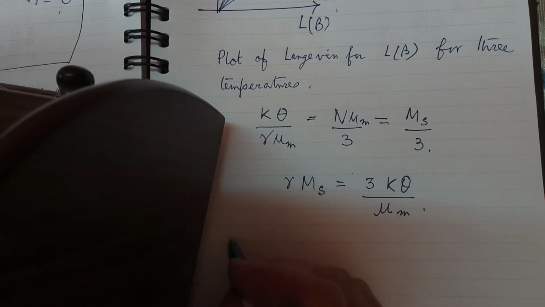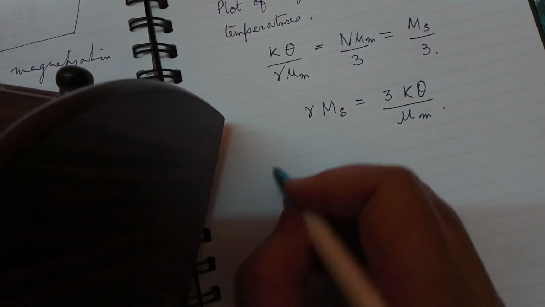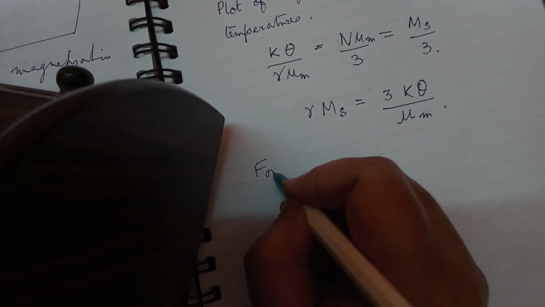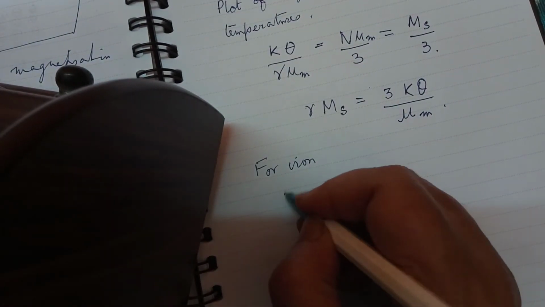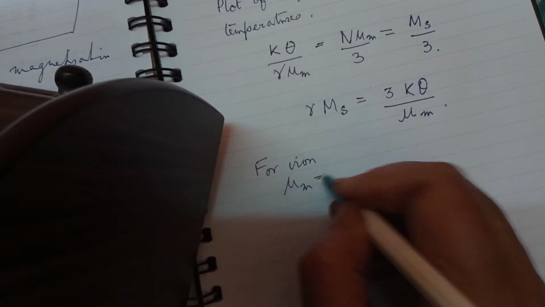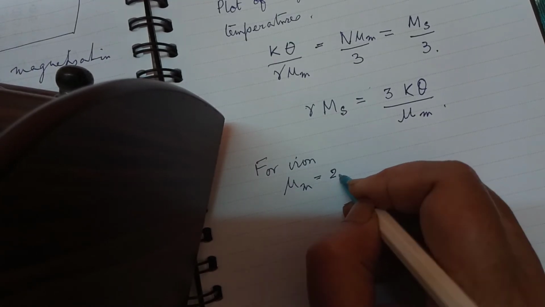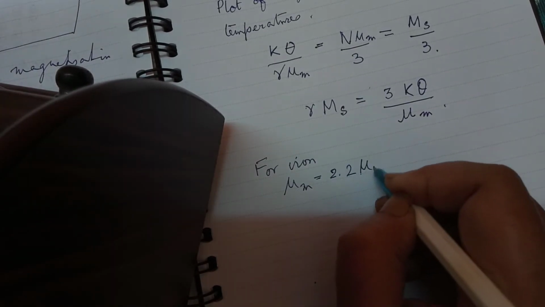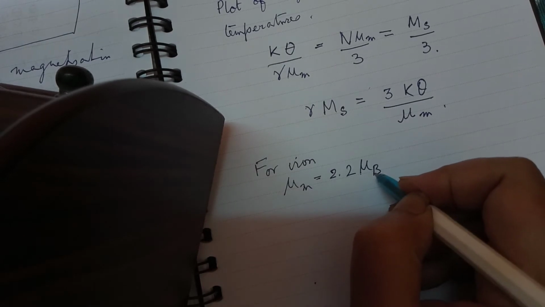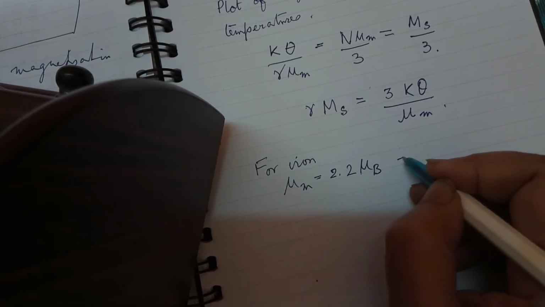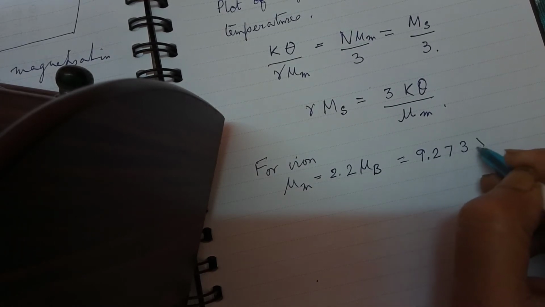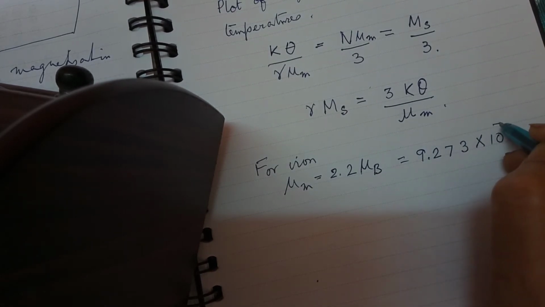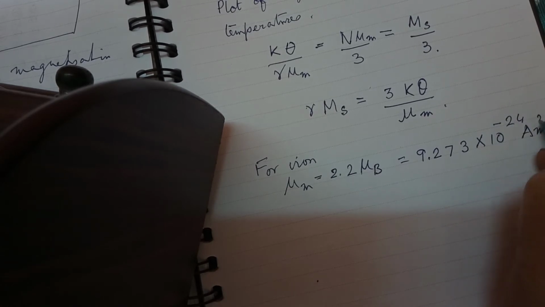For iron, this is a very important understanding, a feeling you get. For iron, mu m is equal to 2.2 mu B. What is mu B? Bohr's magneton, which is equal to 9.273 into 10 to the power minus 24 ampere meter square.